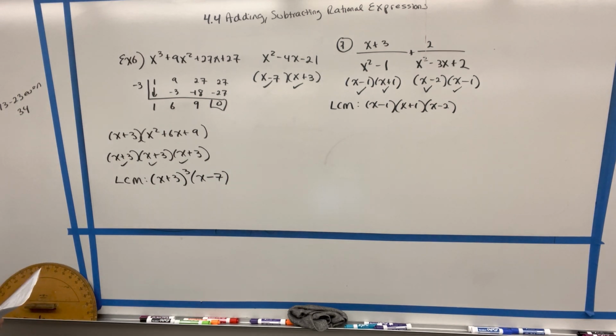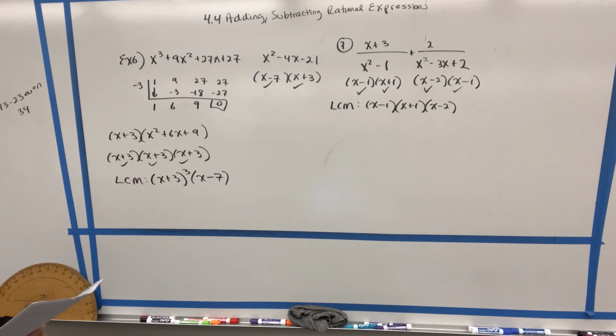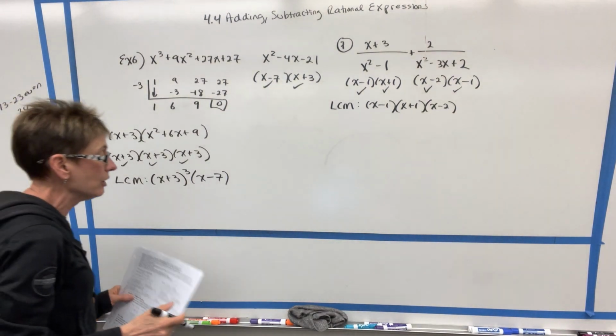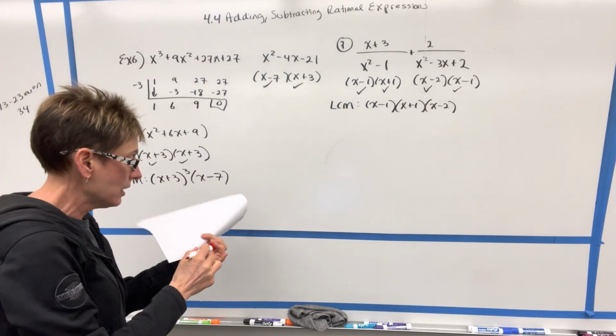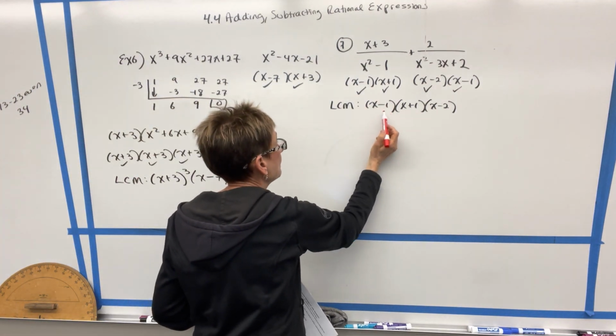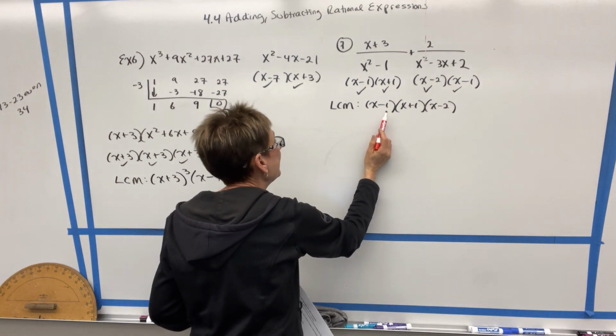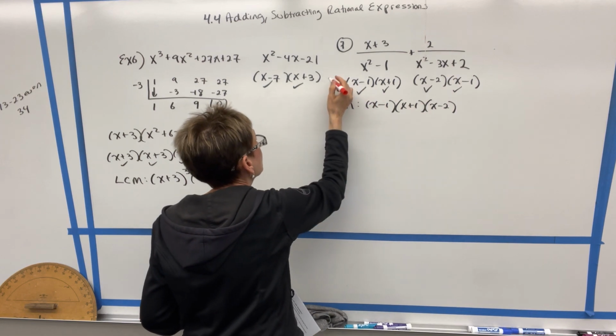Then what we need to do is multiply the top and bottom of each fraction by whatever factors are missing from their denominator. So since we need the denominators to be the same, we need to see what's missing. Notice on this first denominator, I have the x minus 1 and the x plus 1, but I don't have an x minus 2.